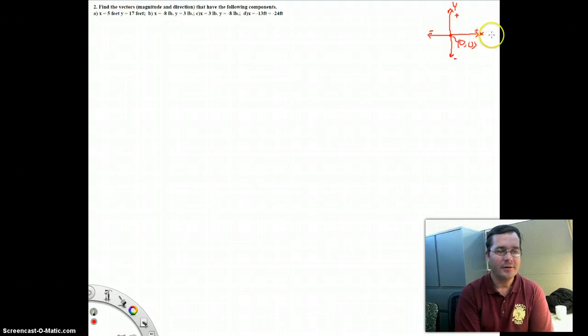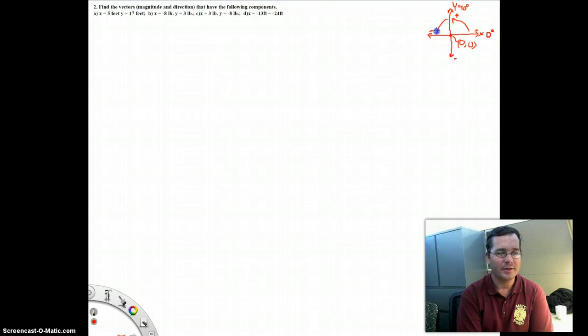The other thing that's important for this problem is to understand angles. By default, we consider straight east, or straight right, 0 degrees, which is a little bit different than if you think about compass directions. And angles in the Cartesian plane proceed counterclockwise from that 0 degree mark, so that the y-axis is at 90 degrees.